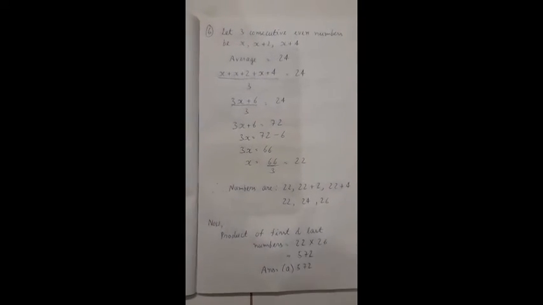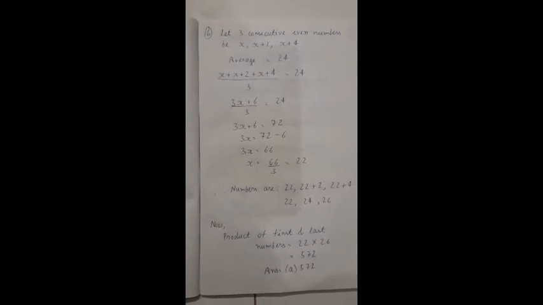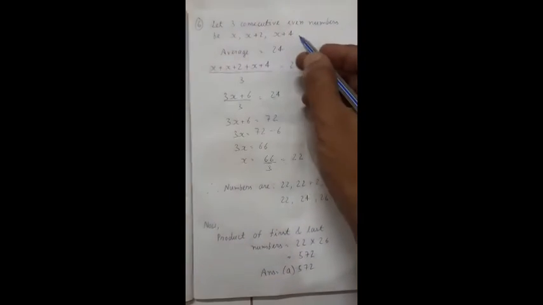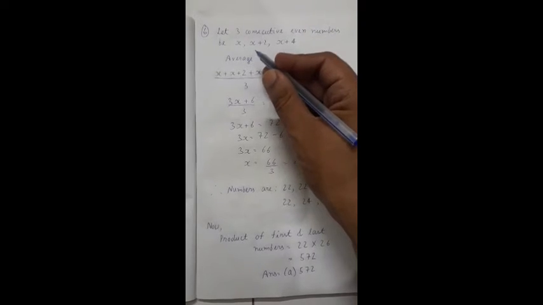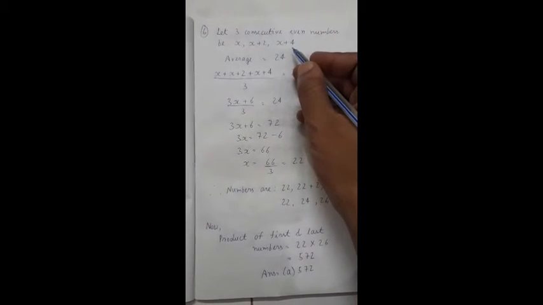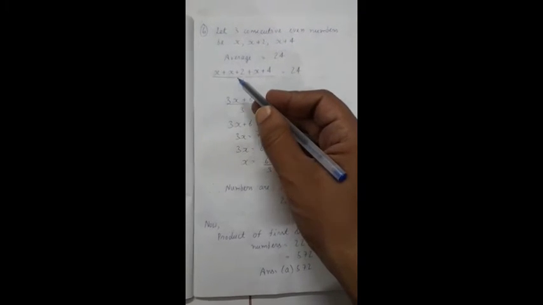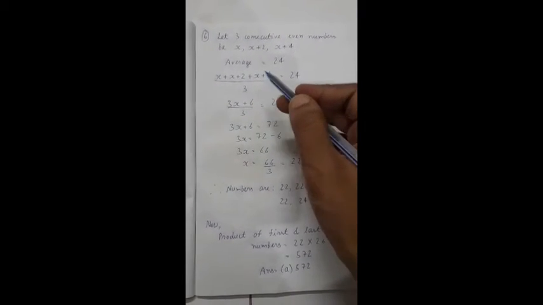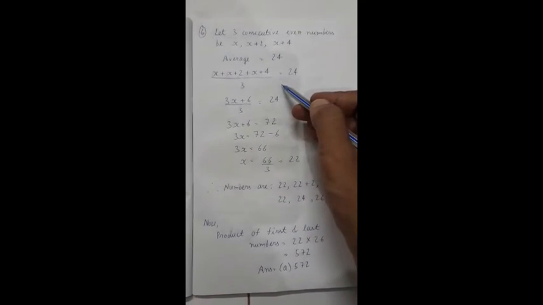Now see the sixth question. The average of 3 consecutive even numbers is 24. You have to find the product of the first and last numbers. So let the 3 consecutive even numbers be x, x + 2 and x + 4. Average is given as 24. So you know the average formula, sum of all the numbers. So (x + x + 2 + x + 4) upon 3 equals 24.